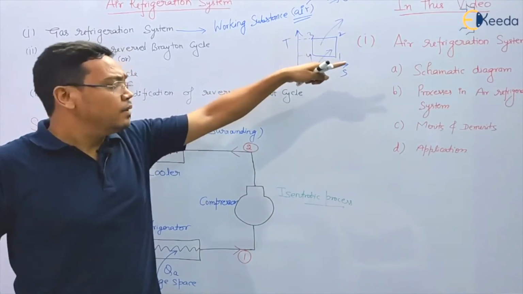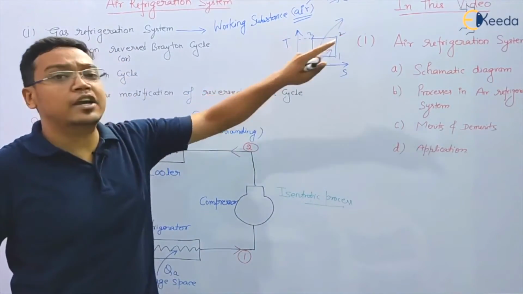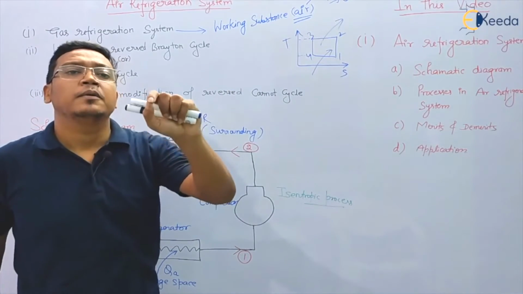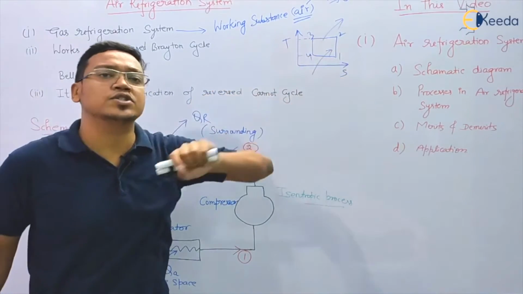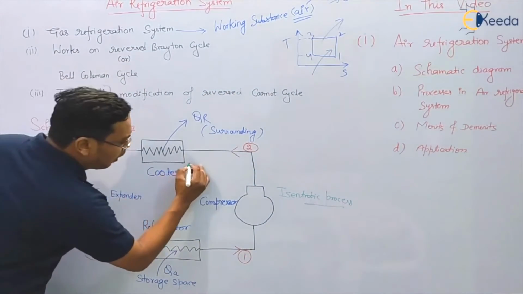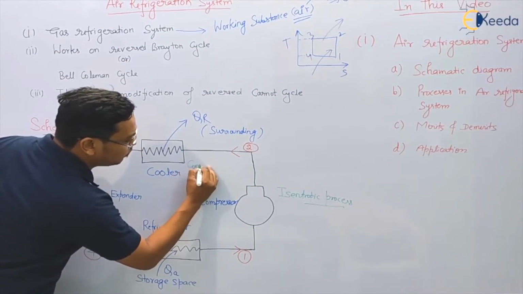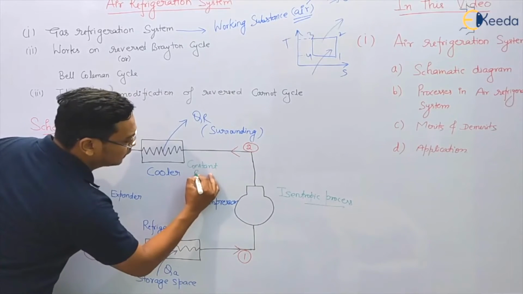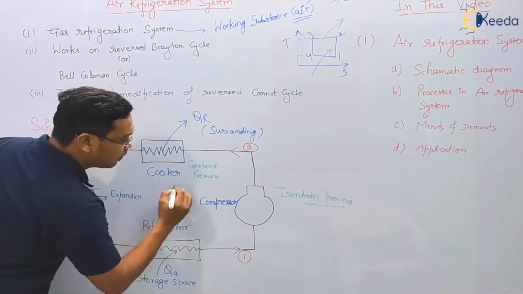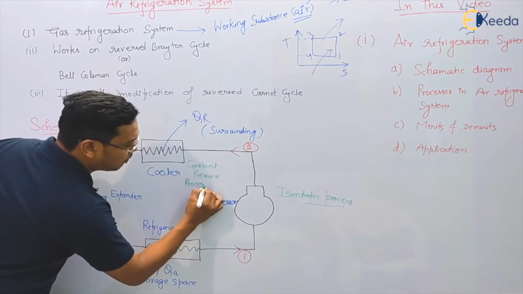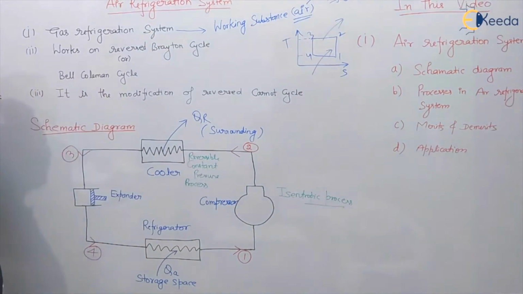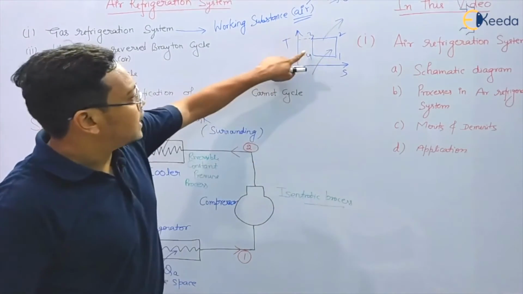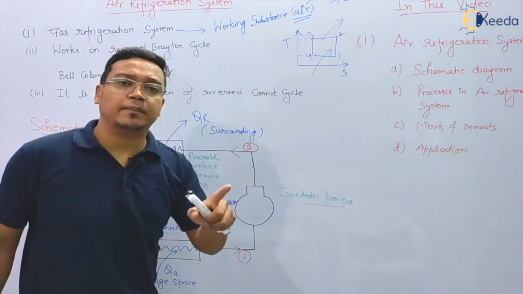What Brayton has done is change this heat transfer to constant pressure. Brayton has changed this process to a reversible constant pressure process. Now in the expander it is again the same process, isentropic process.